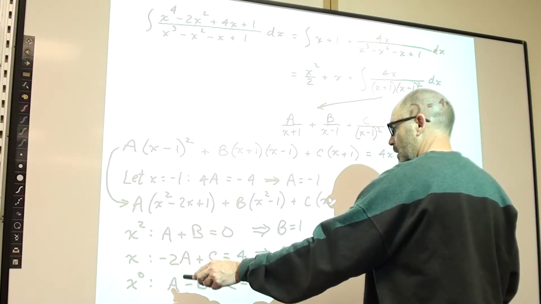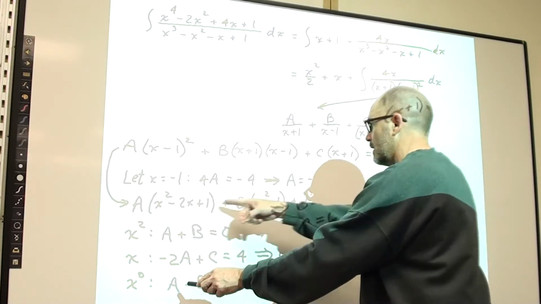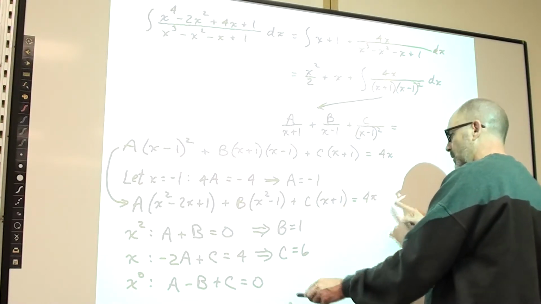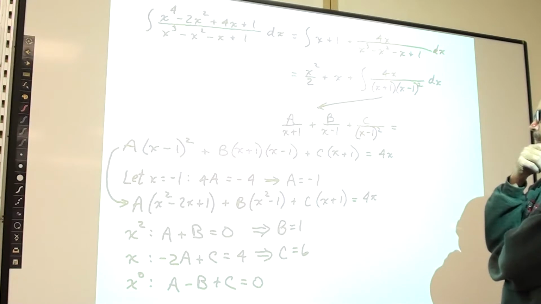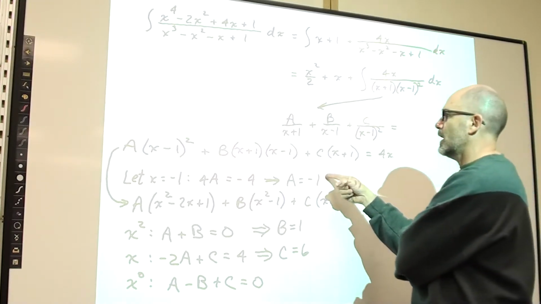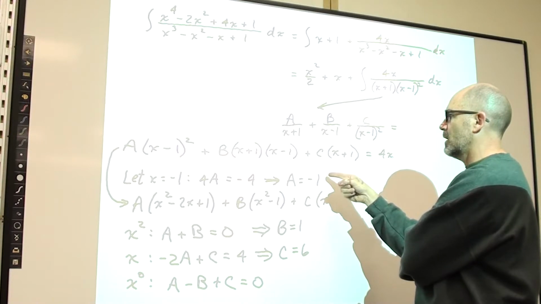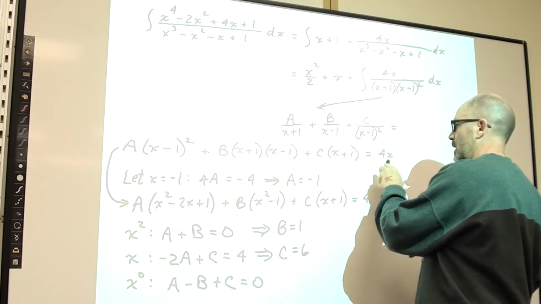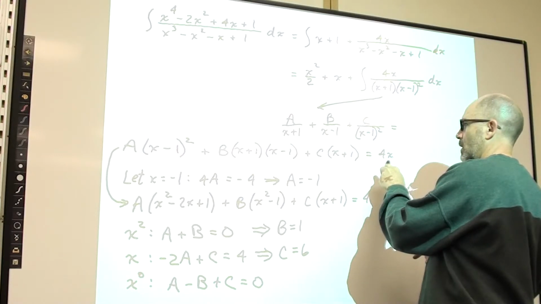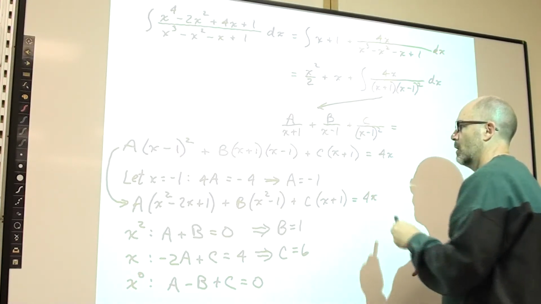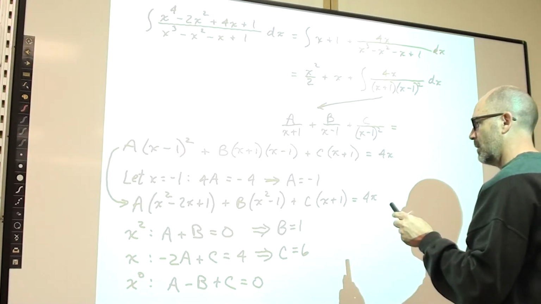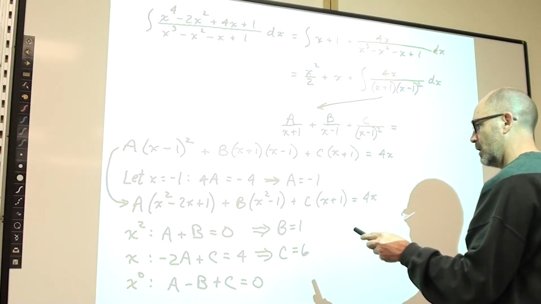And A times 1 minus B times 1 plus C equals 0. So maybe A does not equal negative 1. Let's see. 4A equals negative 4. So A is negative 1. That means B has to be 1.